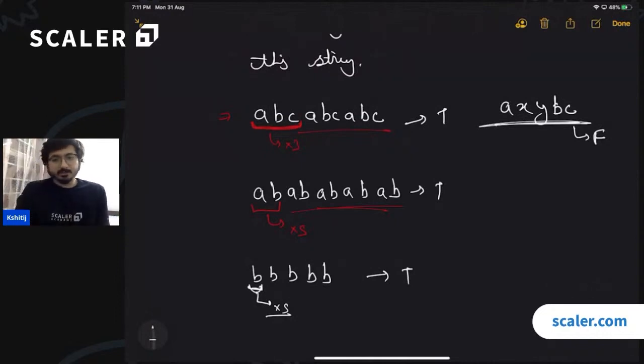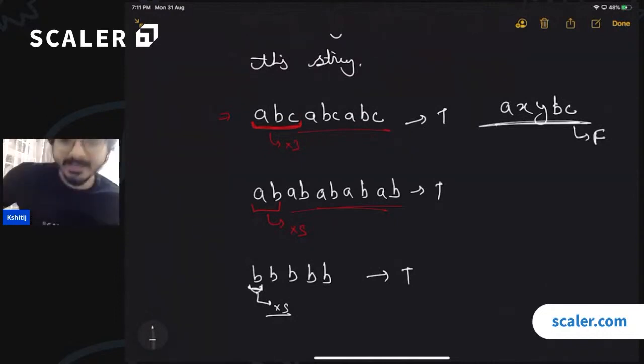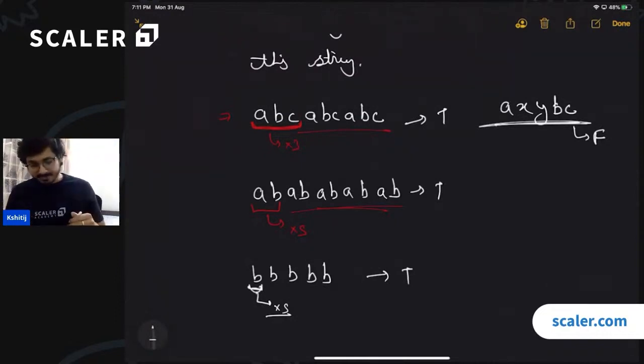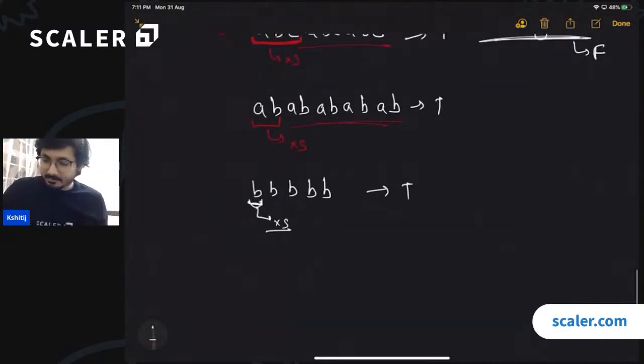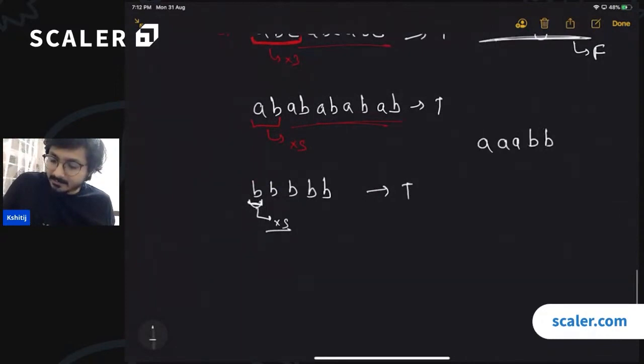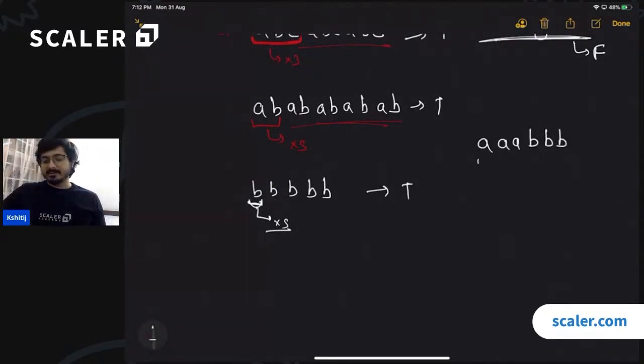Okay, Prakash has an observation that the frequency of every character should be a multiple of k. That is absolutely correct. But is that sufficient? Is that a condition that is sufficient to solve this problem? Sai Kiran is also saying, okay, let me take another example. What about A, B, B, B? What about this case?